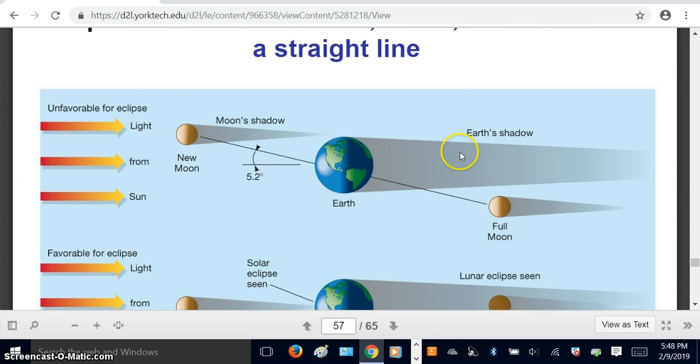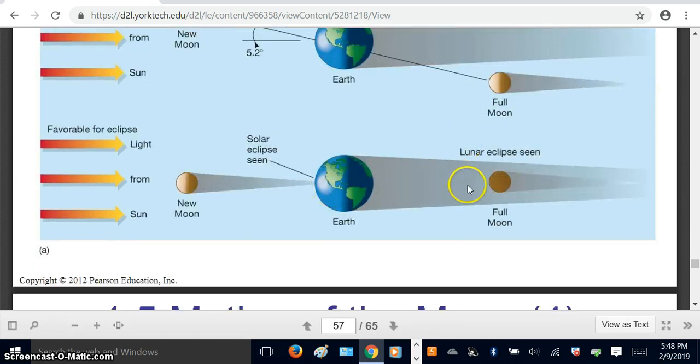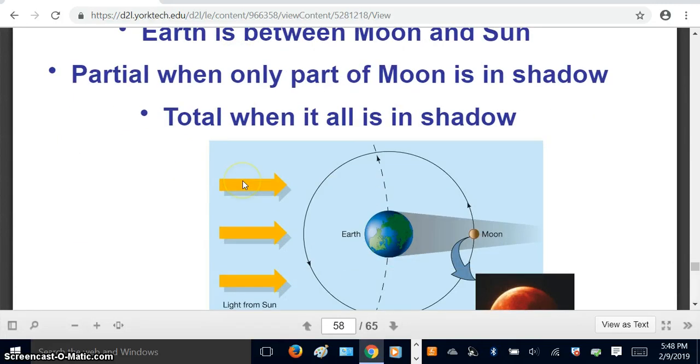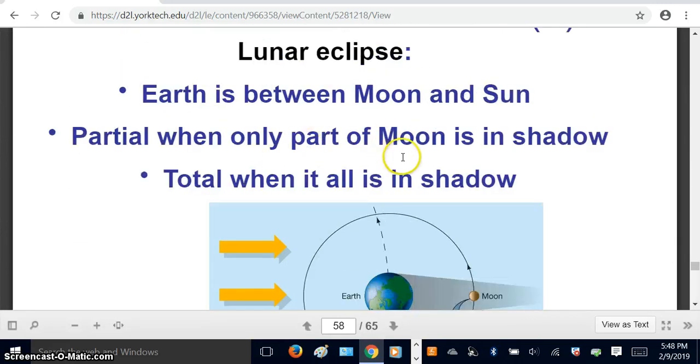Now, when it does, of course, that's when the moon crosses the ecliptic, and that's why they call these eclipses, right? That's where that idea comes from. All right, so that's that.